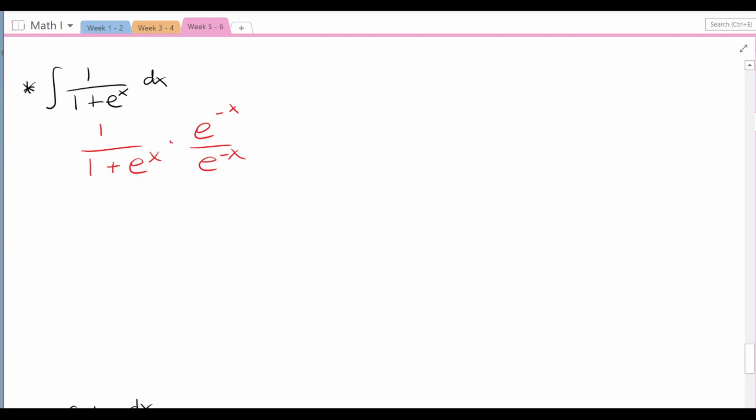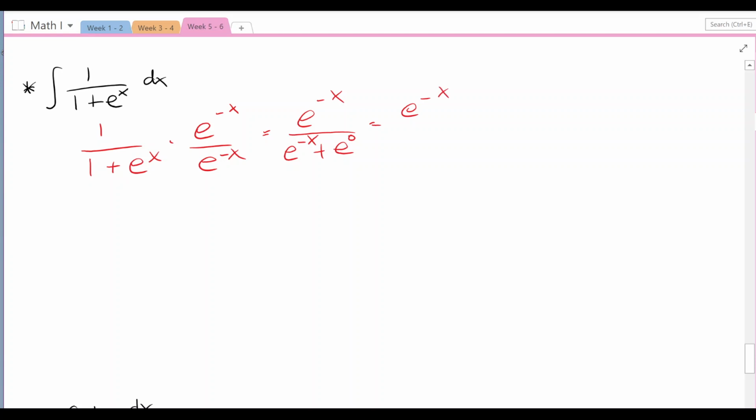And the reason for that is we're going to change the numerator here to become e to the negative x, and therefore it can be used for u substitution. So this will become e to the minus x plus e to the power 0, which is equivalent to 1.